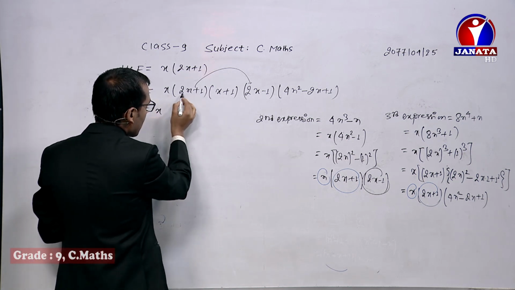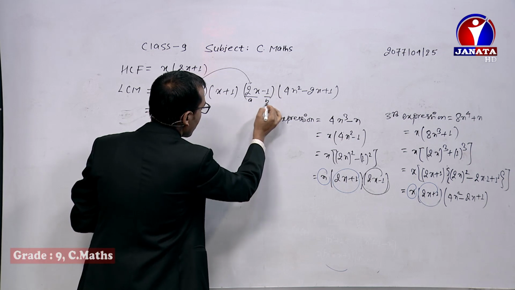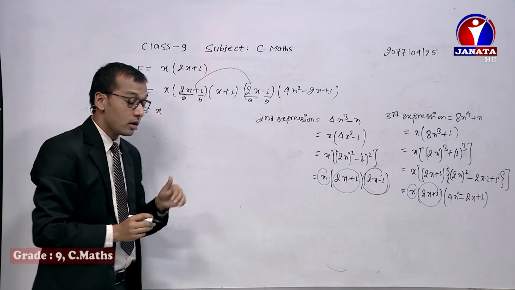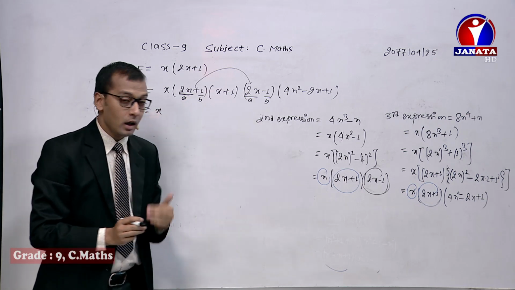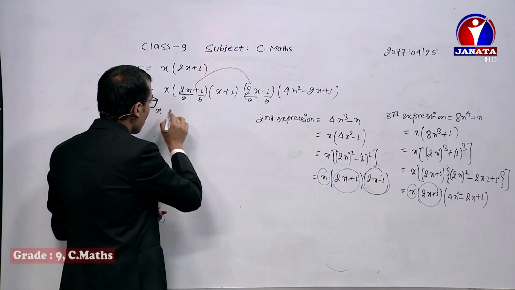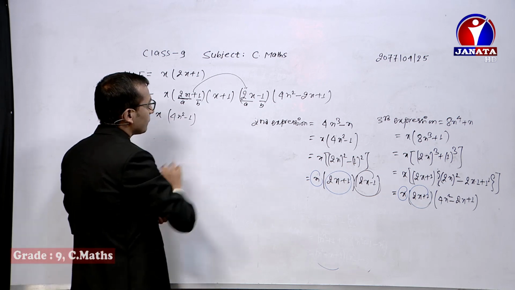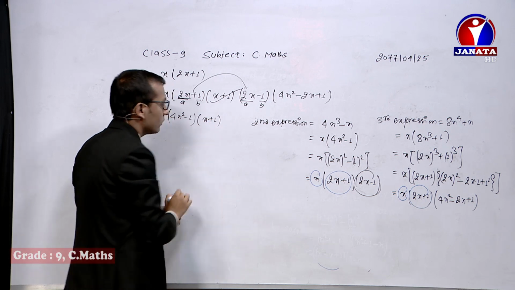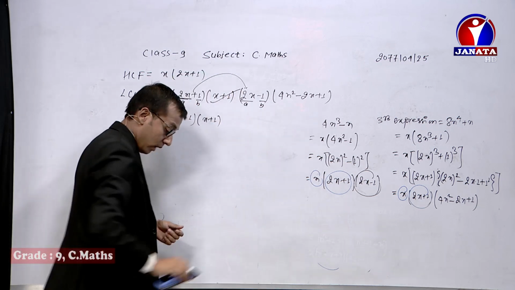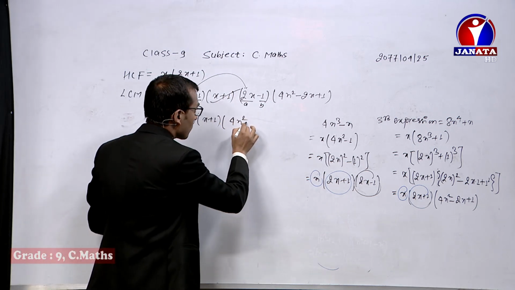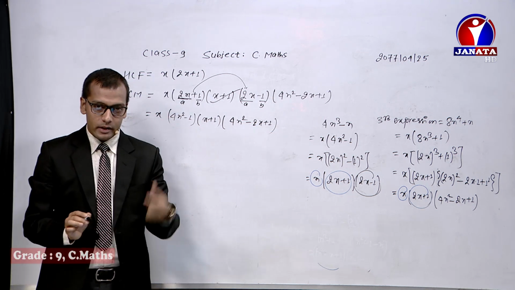In these two factors, if you suppose the first term is a and the second term is b, these two factors are in a plus b times a minus b form. So you can find the product a square minus b square, so 4x square minus 1, times x plus 1, times the last factor 4x square minus 2x plus 1. So this is LCM.